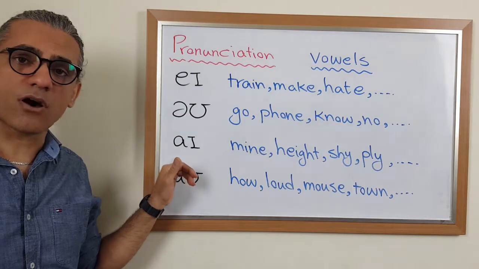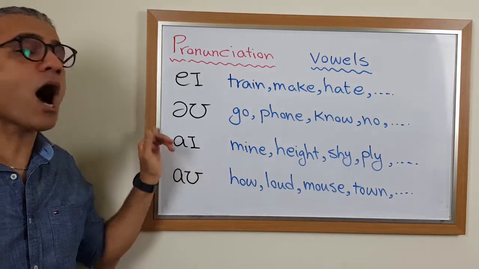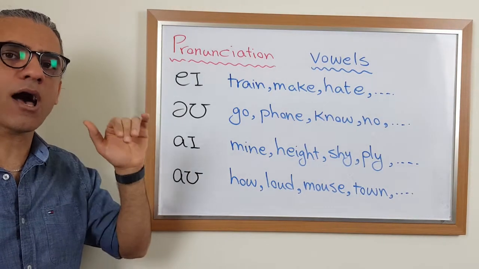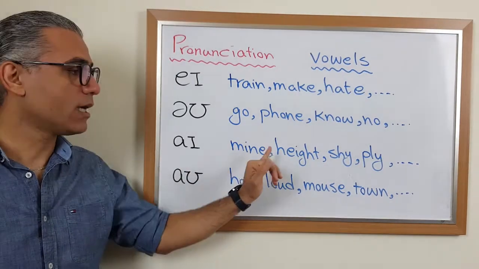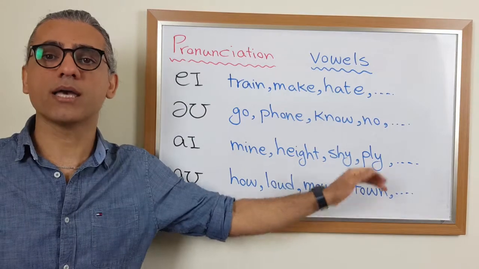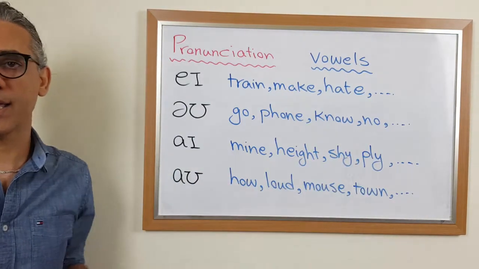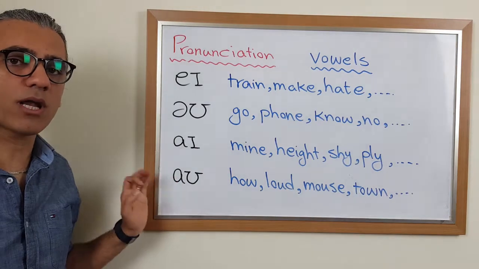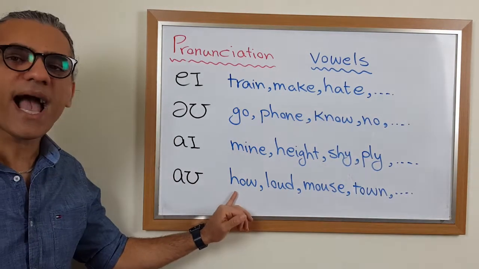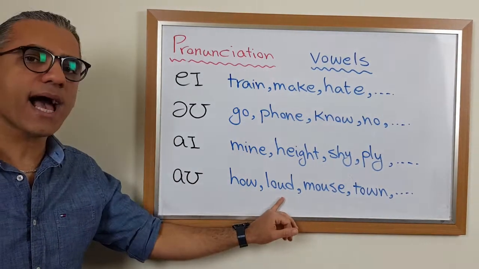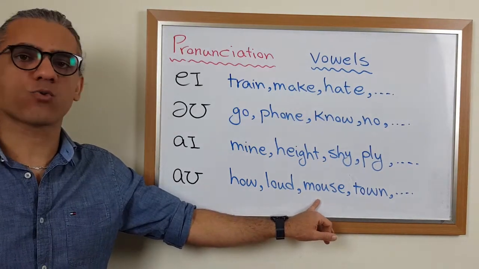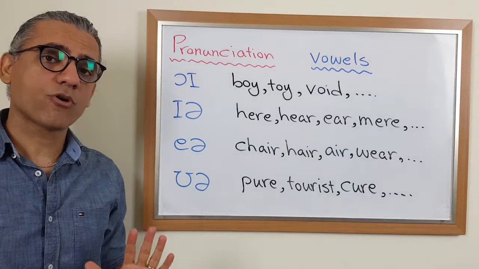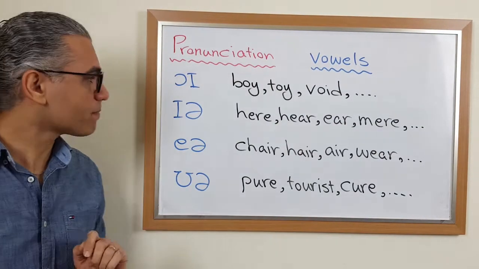The next diphthong is eye, the combination of a and i, like mine, height, shy, ply, high, and so on. The next one is a combination of a and ow, like ow, how, loud, mouse, town. Okay, the last four vowels are diphthongs.